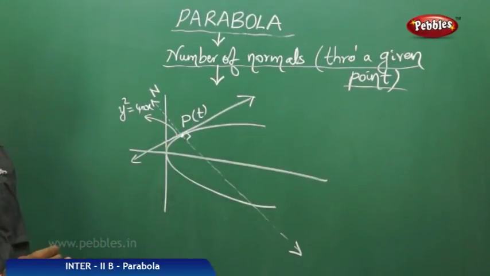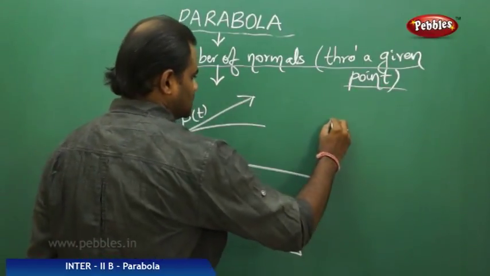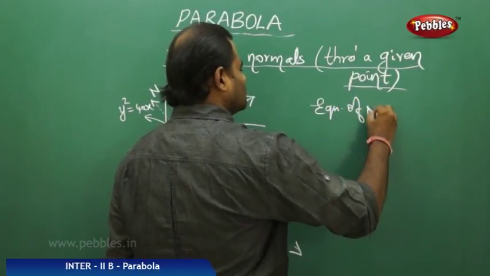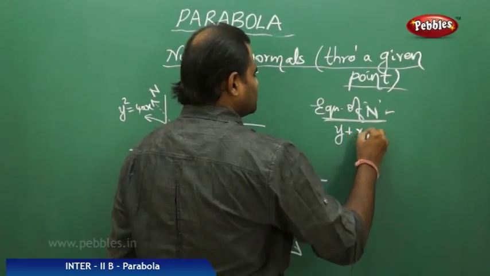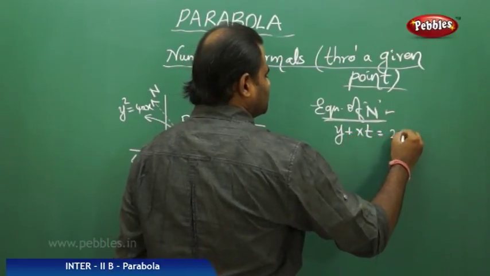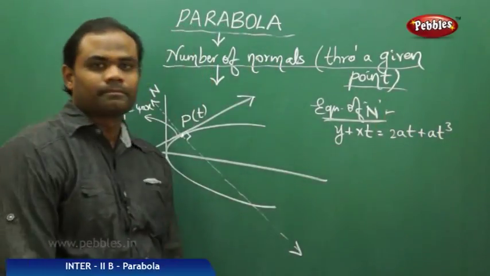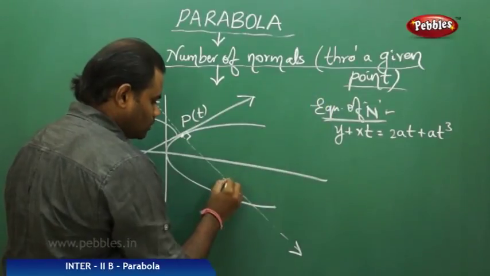Now we know that the equation of the normal n is y plus xt is 2at plus at cube. Now let me take a point P(x1, y1) on the normal.